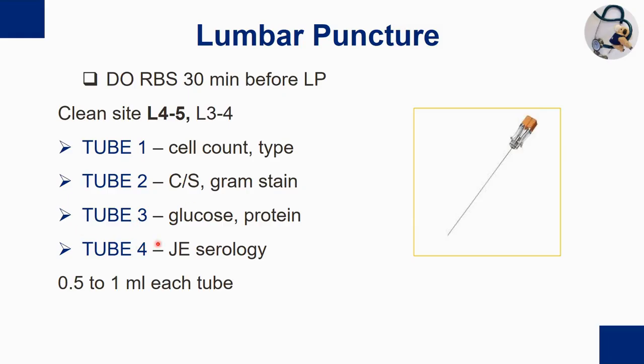Tube 3 goes to the biochemistry lab where they analyze the glucose and protein of the CSF. And tube 4 is kept for several purposes, and in many places they do Japanese encephalitis serology with tube 4. Every tube should contain at least 0.5 to 1 ml of CSF when you send it for analysis.